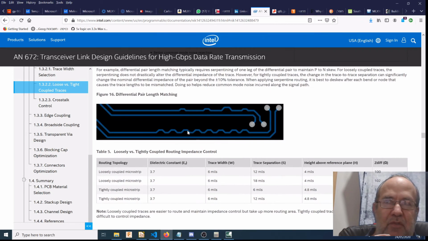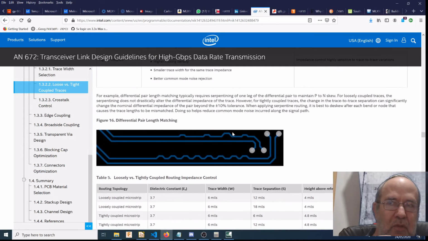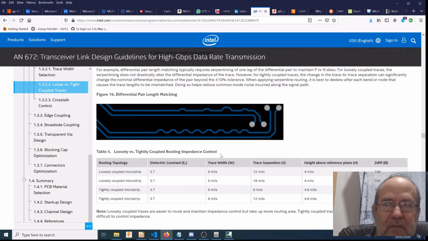Okay, and you're going to have these meanders to keep your differential pair so that the edge goes down the line at the same point in time. You don't want a difference between where the edge is. Okay.